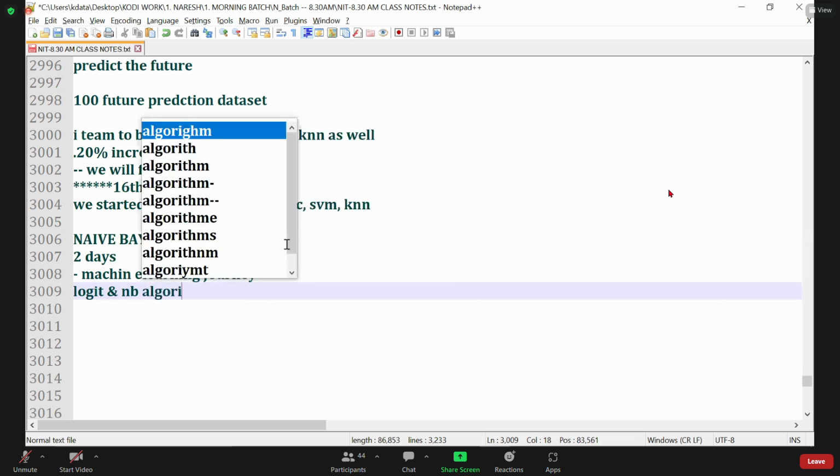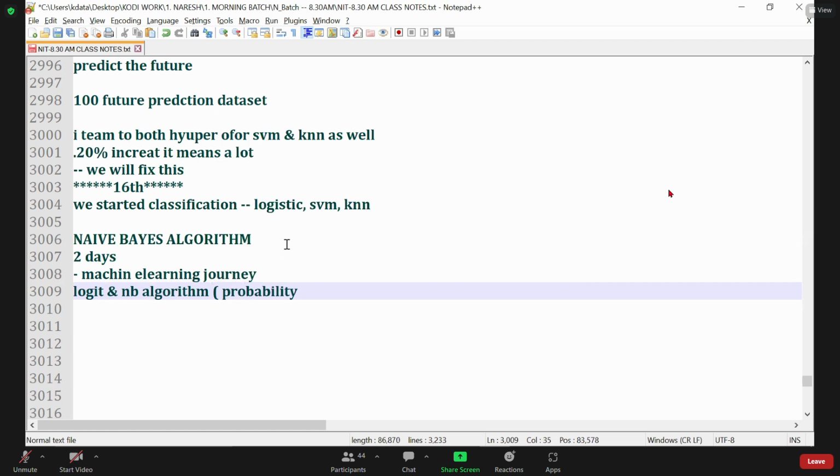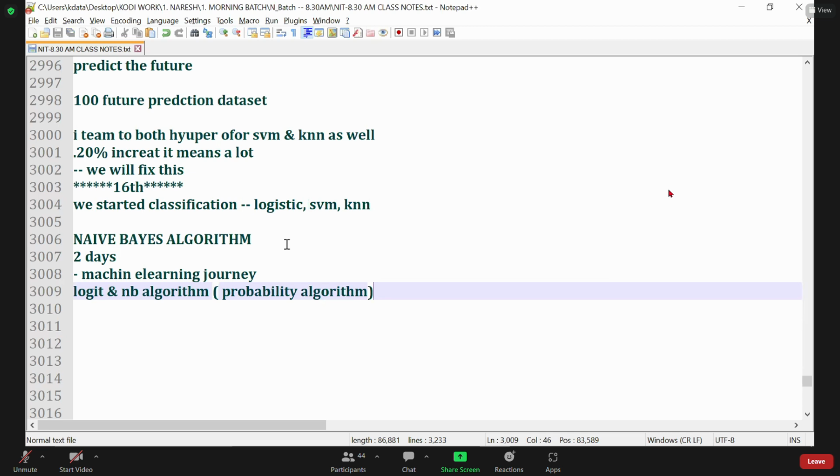These two algorithms are probability algorithms. What do we call them, guys? Probability algorithms. Understand this, guys. I mean to say logistic regression and naive Bayes, mostly these two are probability algorithms.